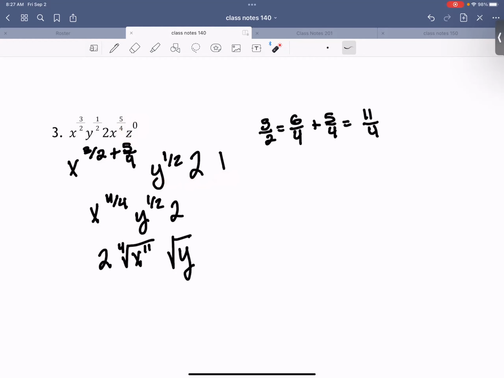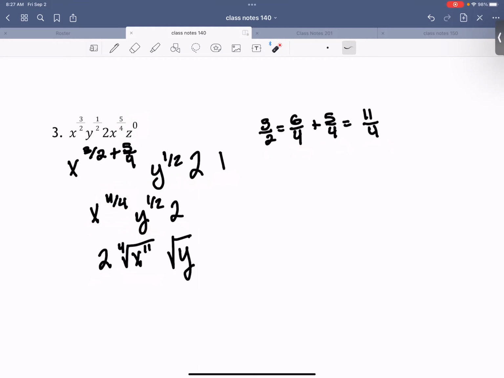And then I changed the denominator on the 3 over 2 to a 4, so I got 6 over 4 plus 5 over 4, so 11 over 4. And that gave me x to the power of 11 over 4 with y to the 1/2 times 2. So then I just rewrote it as 2, and then the square root of x to the 11.